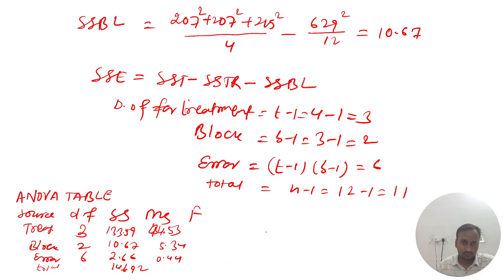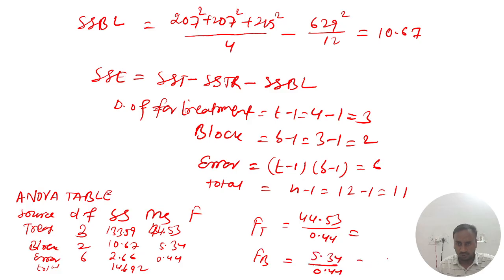So what will be the F for the treatment? 44.53 by 0.44. F for the block, how much? 5.34 by 0.44. So now we can get the table value.